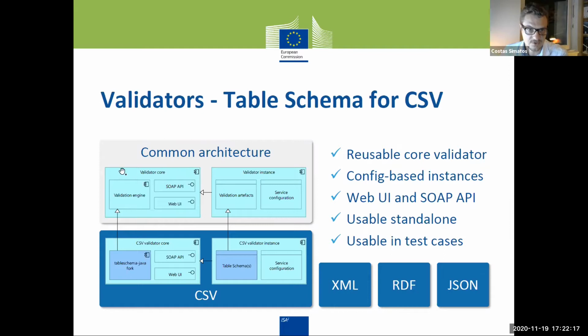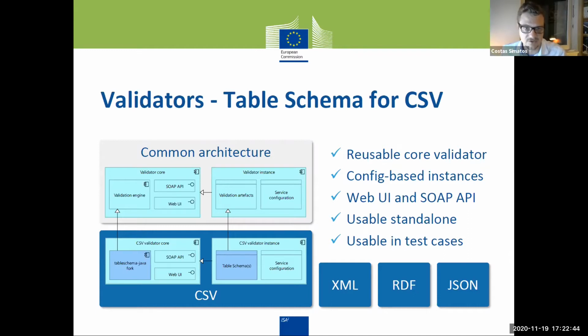And this forms the reusable cores that we publish as Docker images on the Docker Hub. All of these things are fully usable by anyone. They're completely domain agnostic. They can be reused to set up a validator for any specification. And this is what you see here on the right. The validator instances that we actually configure build upon these validator cores, providing simply configuration.